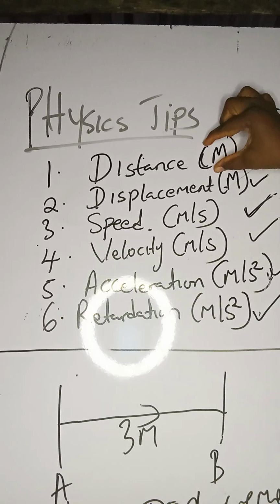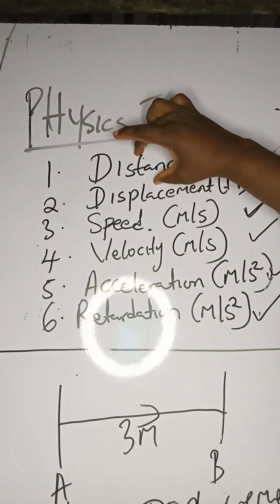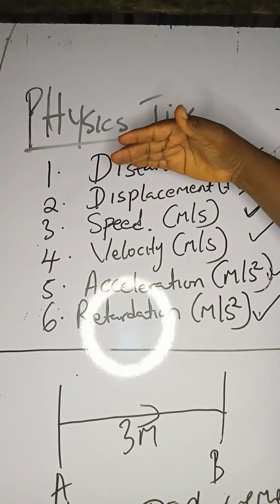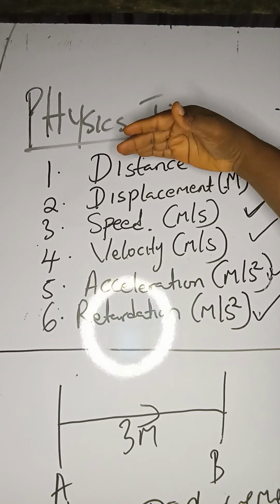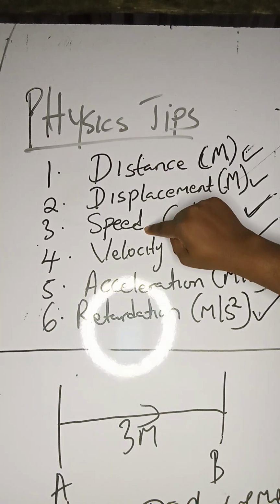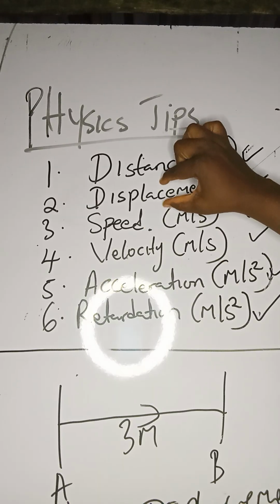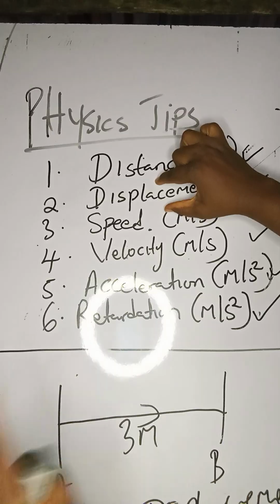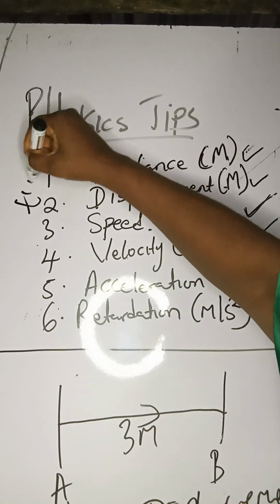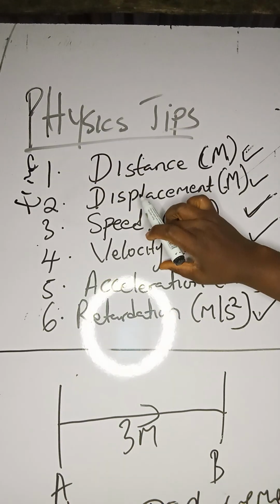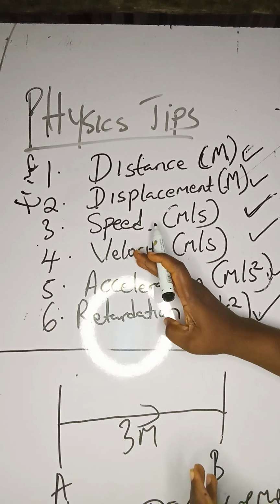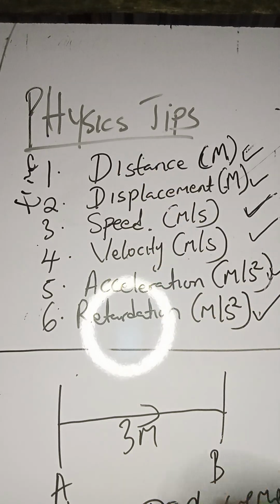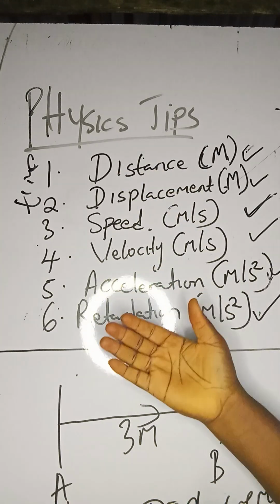Now, if I take the first quantity here, which is distance, and I divide it with the physical quantity time, I have the third one, speed. If I come back and take the second one, which is displacement, and now divide it by the same quantity time, I have velocity. You've seen how we have arrived at the fourth one. Now let's move to the fifth one, acceleration.